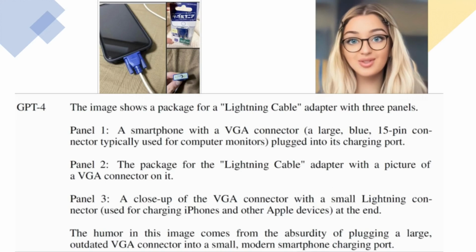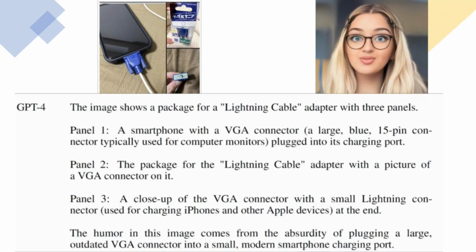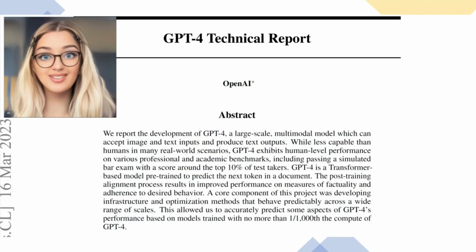Panel 3, a close-up of the VGA connector with a small lightning connector, used for charging iPhones and other Apple devices, at the end. The humor in this image comes from the absurdity of plugging a large, outdated VGA connector into a small, modern smartphone charging port.